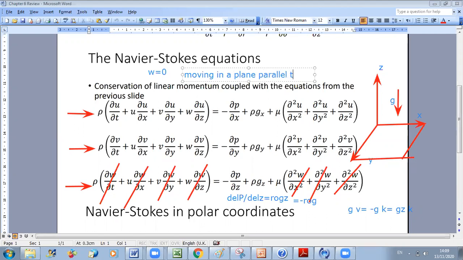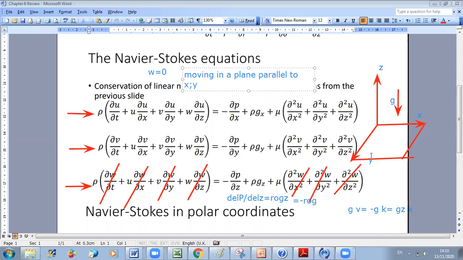Parallel to xy. This is why, since I am not moving in z, it's true that del p by del z is minus rho g, but I am not moving along z. So I will not experience a variation of pressure, since I'm moving only in xy. The variation of pressure due to z will not affect my motion, because I move in a horizontal plane.